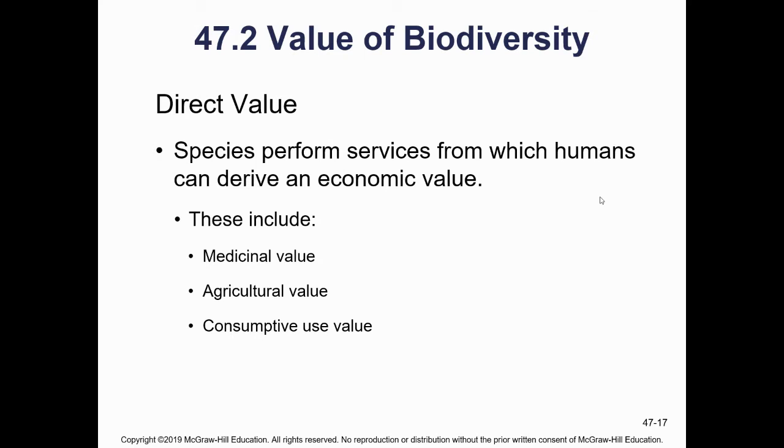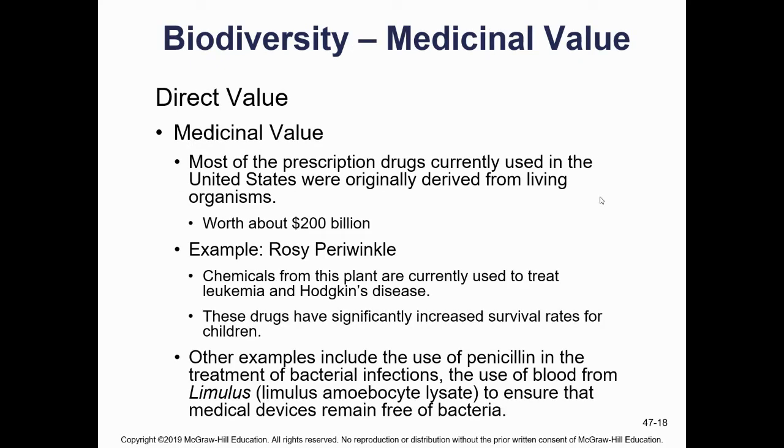For direct values, we're looking at services that we get from biodiversity, from those communities and ecosystems, from which humans derive economic benefit. These are medicinal value, agricultural value, and consumptive use value. That's when we use that resource directly as part of a market to buy and sell.